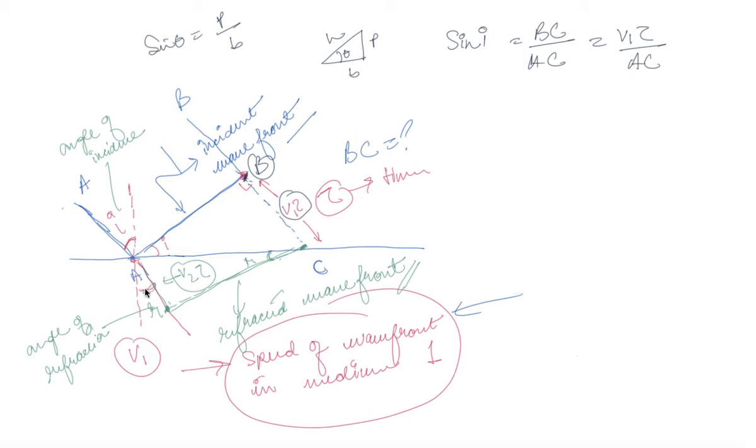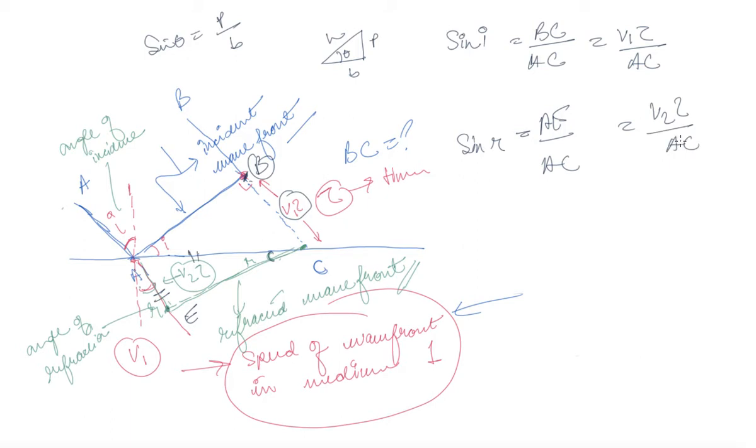Now if you look at the refracted angle R, this angle is equal to this angle, R. So sine of R is again perpendicular upon hypotenuse. Let this be AE. So sine R is AE upon the hypotenuse AC, which is equal to v2 tau upon AC.